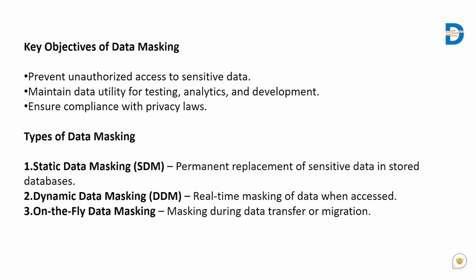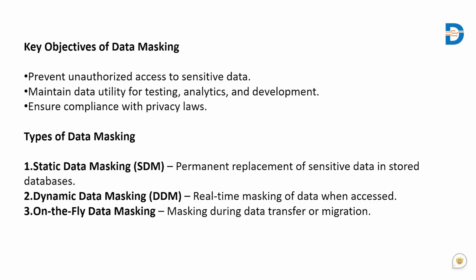And we have different types of data masking. One is static data masking, which does a permanent replacement of sensitive data in stored databases. So it will alter the data permanently in the databases. Next we have dynamic data masking, which is DDM, a real-time masking of the data when accessed.